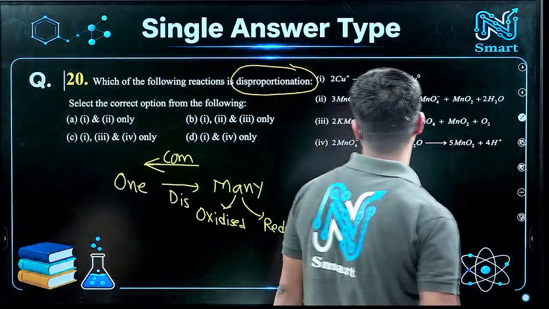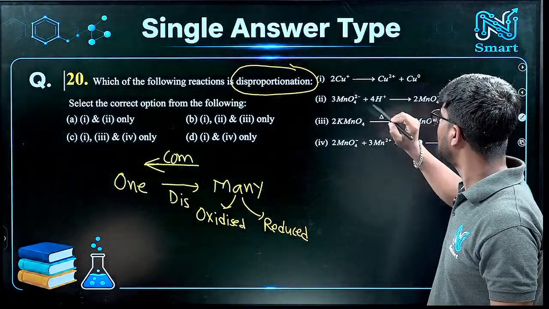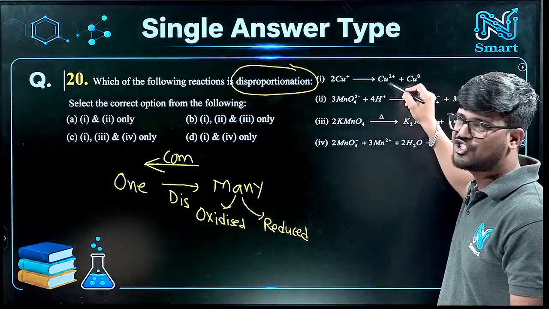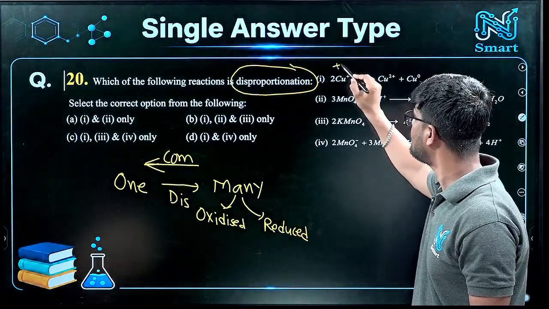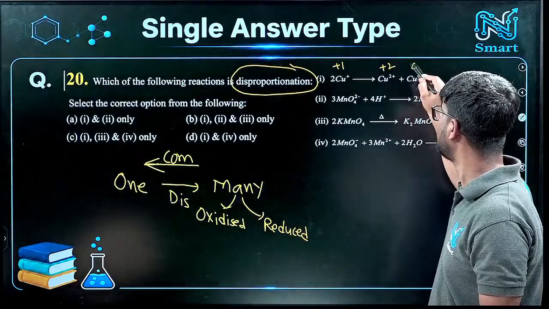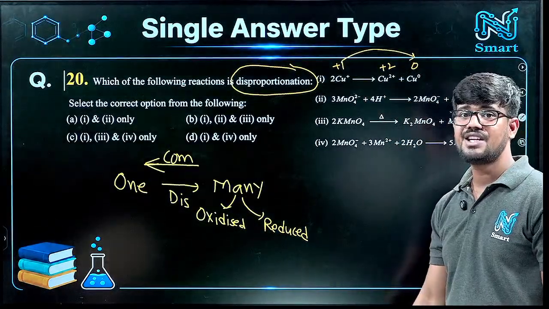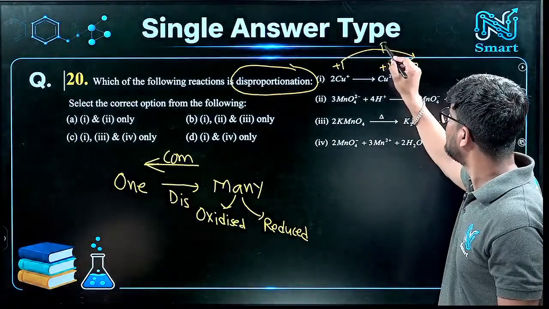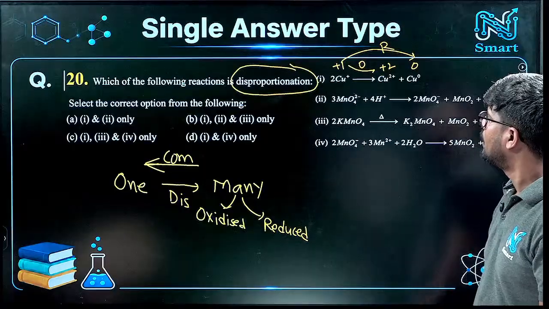Now just check here. First example, copper. Here +1, and here the charge and oxidation number are the same for an element, right? So here +1, here +2 and here 0. Yes, from +1 to 0 it is reduction, R, and +1 to +2 this is oxidation, O, correct?